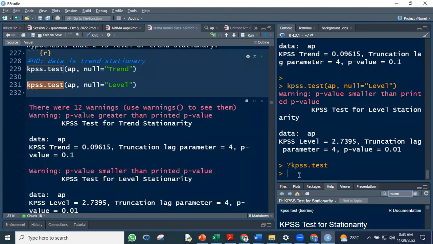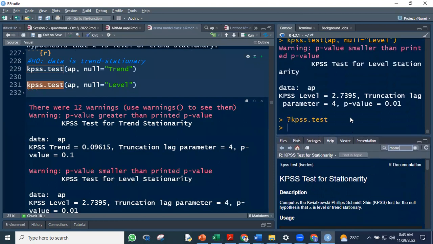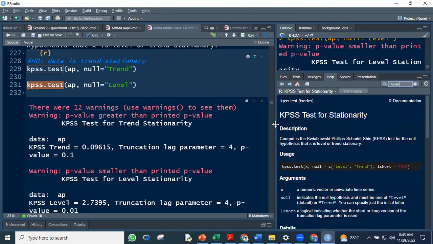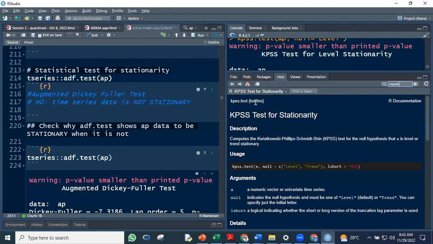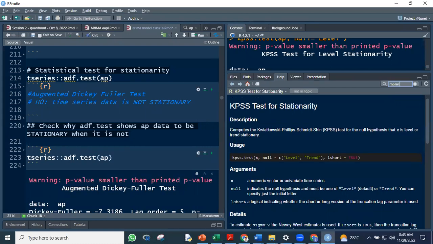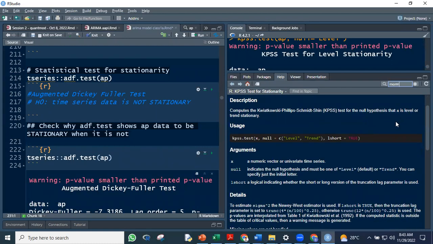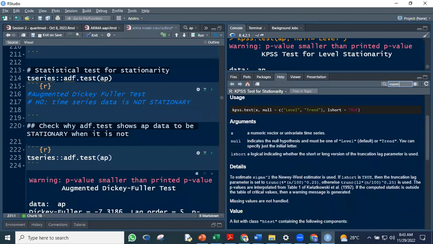Okay, so what I'm illustrating here is that there are several tests for stationarity. Okay, this is also from the tseries package. So ito yung test na yan. The null hypothesis must be one of level, which is the default, and then trend.